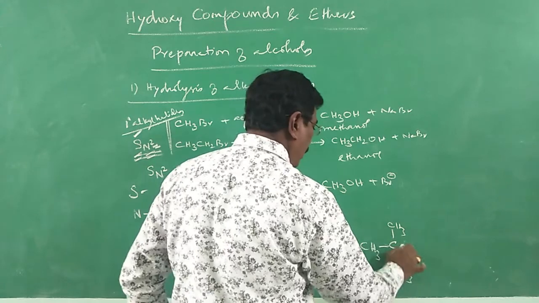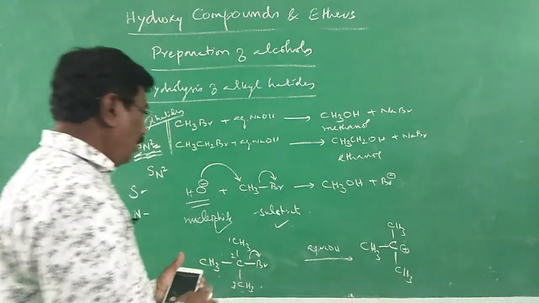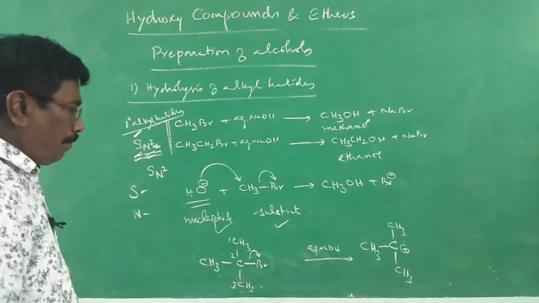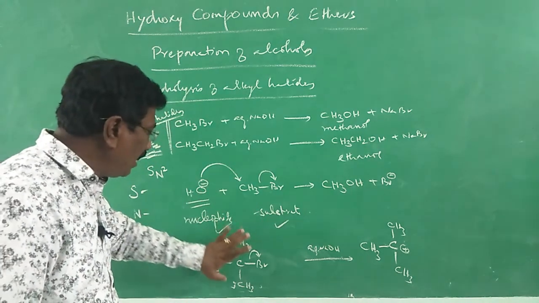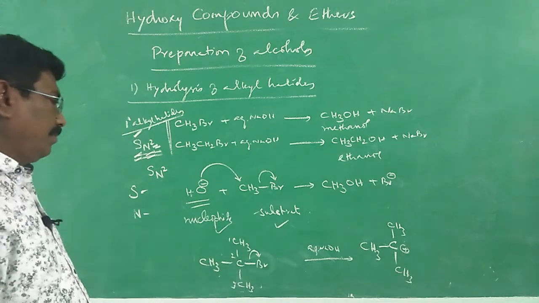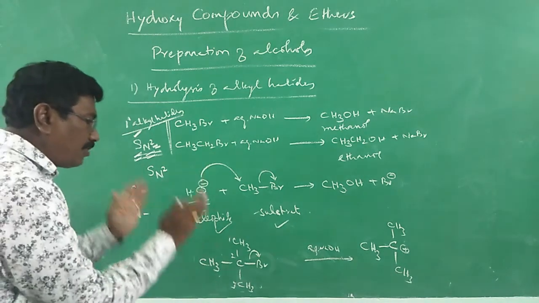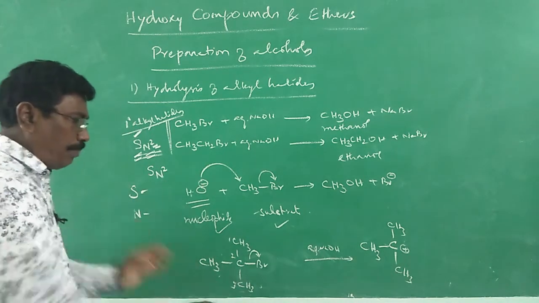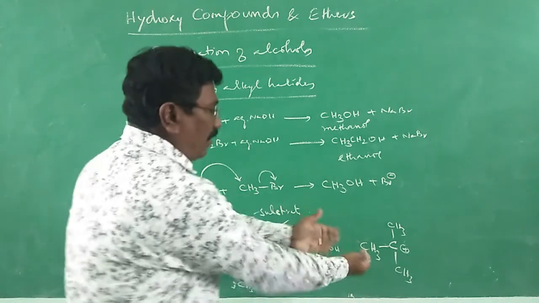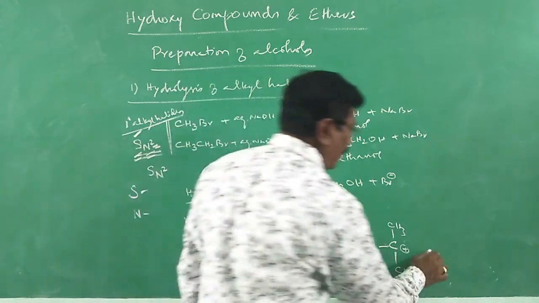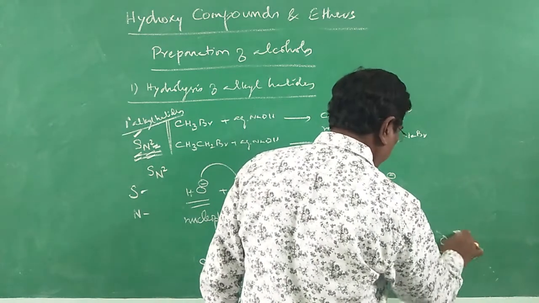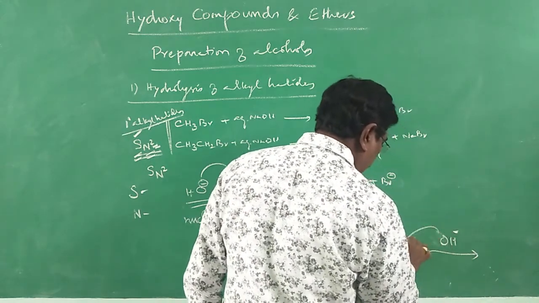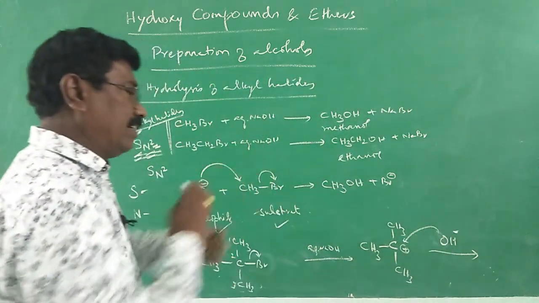This step is the slow step, which involves only the substrate. Alright? In this step, only the substrate is involved. Slow step. After the formation of the carbocation, the OH minus attacks the carbocation on either side.